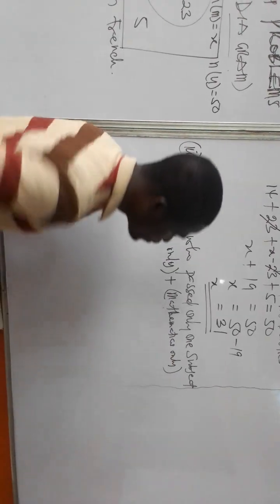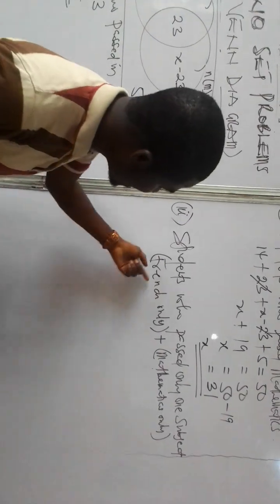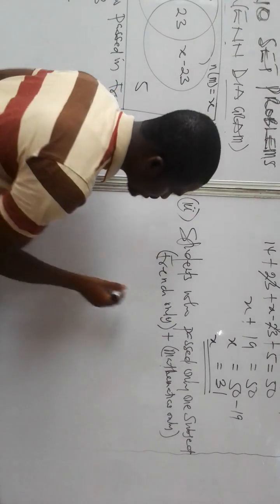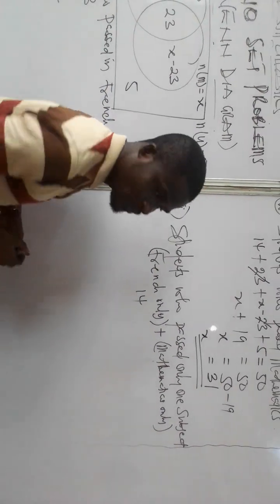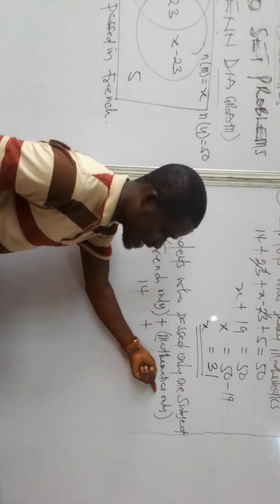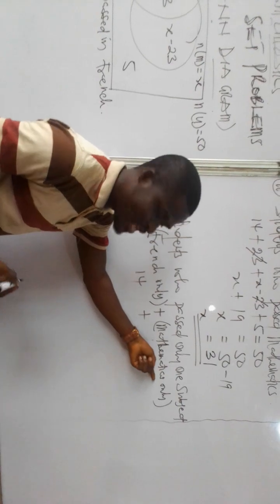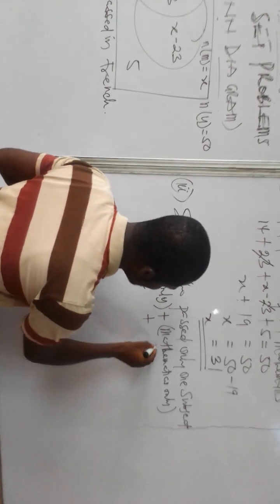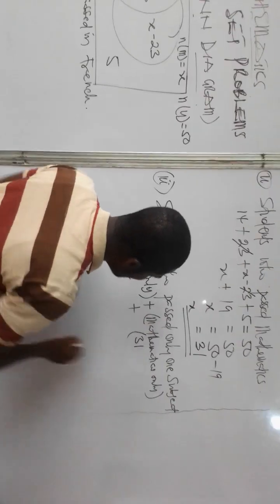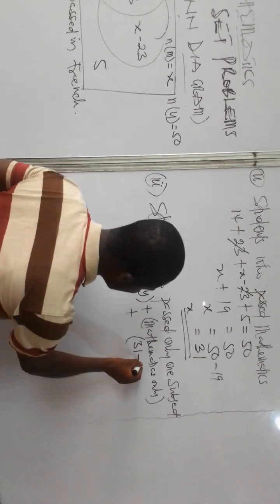Those who passed French only were 14, plus those who passed mathematics only. We don't know that yet, so let's wait for it. Those who passed mathematics were 31, minus both subjects.